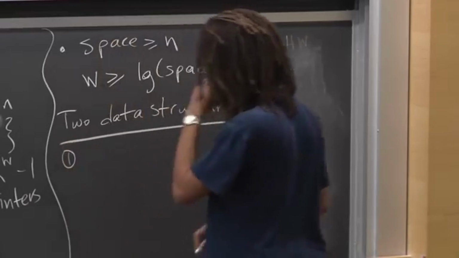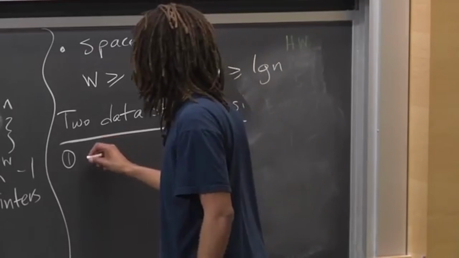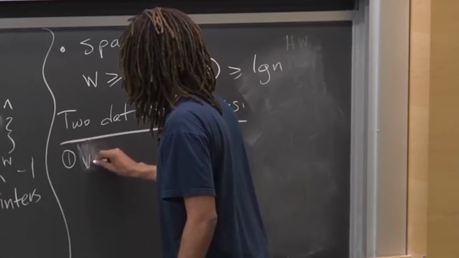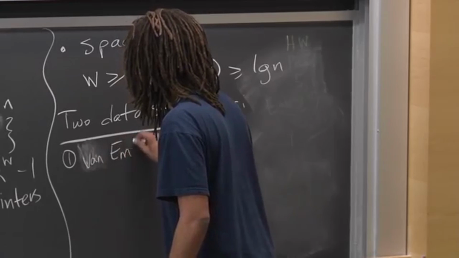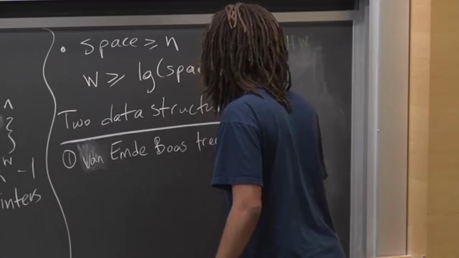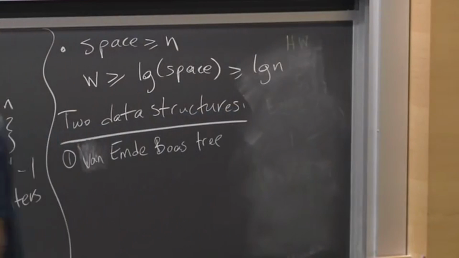So one is called the van Emde Boas trees. This is from sometime in the 70s.